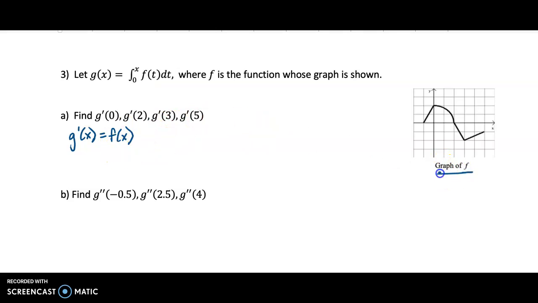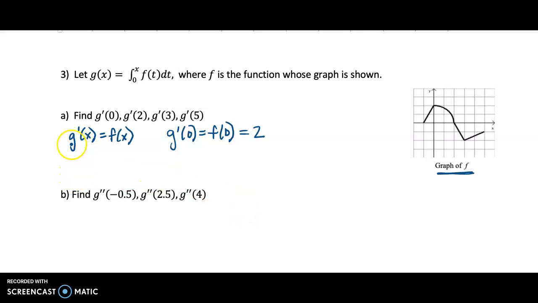Well, guess what? This is our graph of f still. So if we are looking for g prime of 0, that means we are looking for f of 0. F of 0 is as simple as it gets. What is the value of this graph at x equals 0? Well, it's 2. So our answer there is 2.